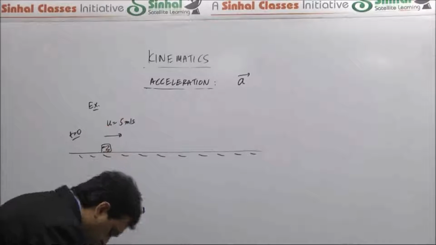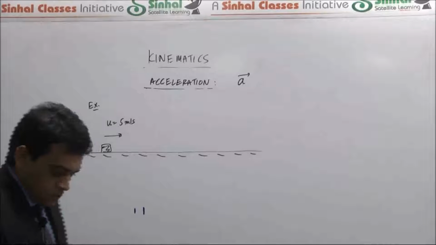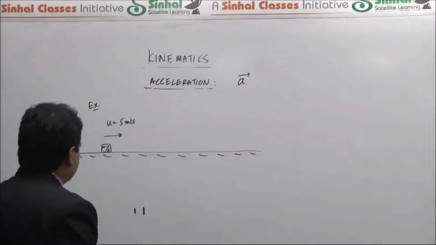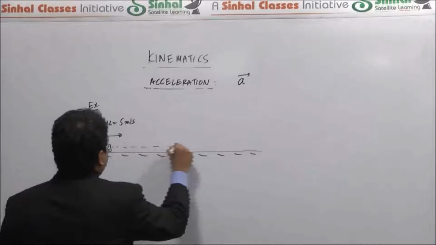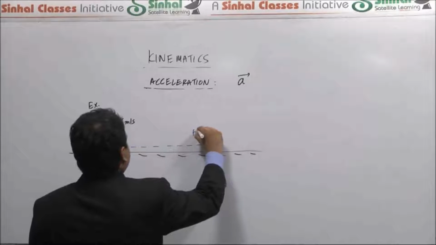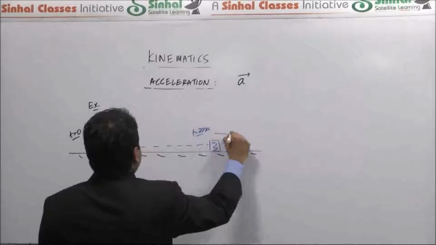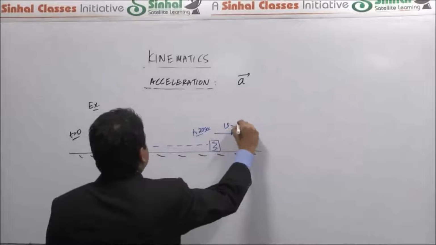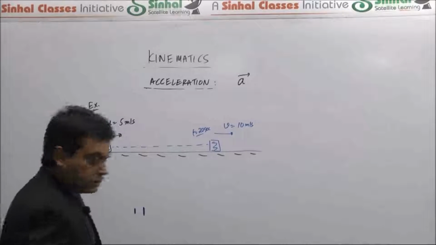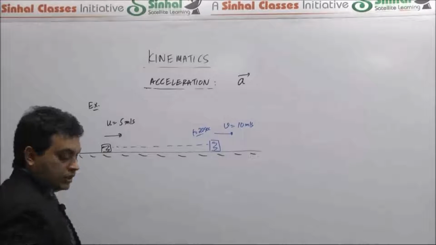It's moving along this straight line, and let's say 20 seconds down the line, its velocity becomes 10 meters per second.